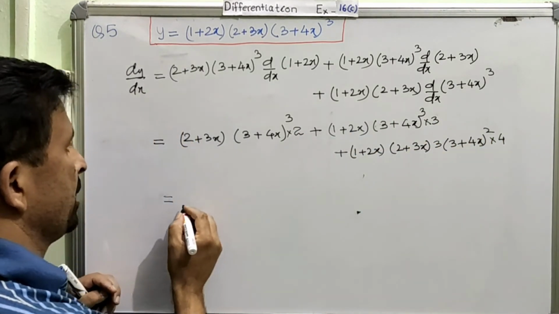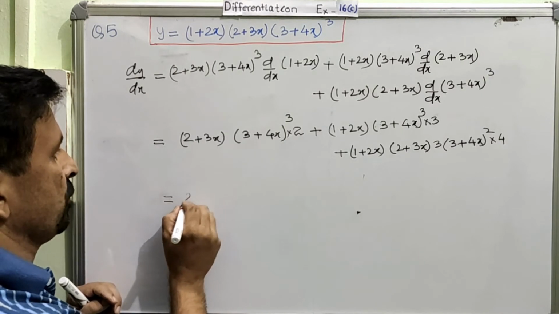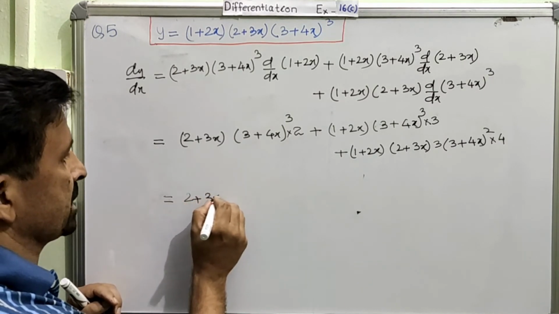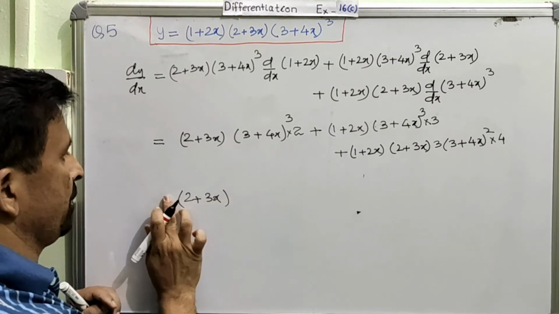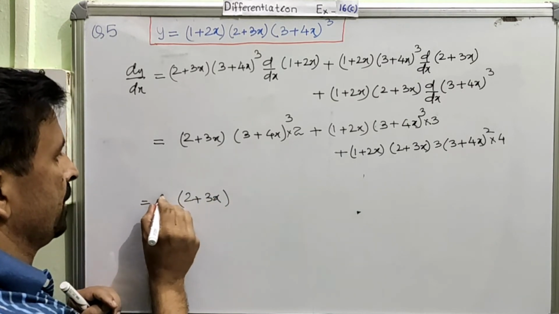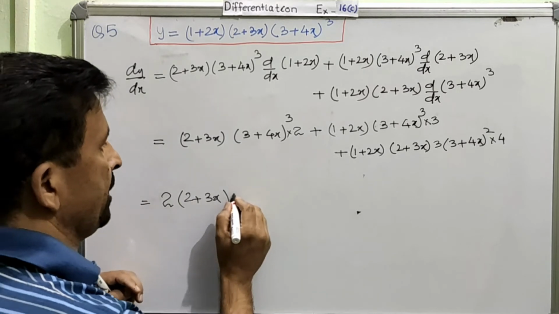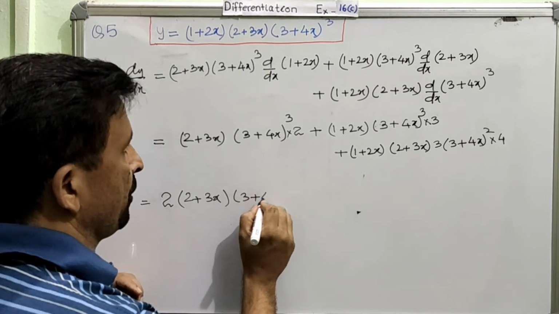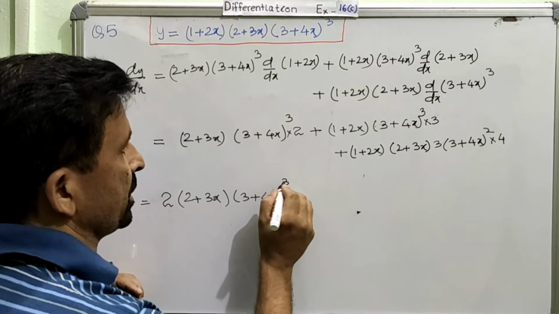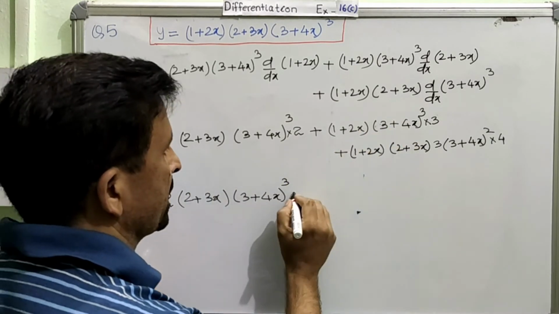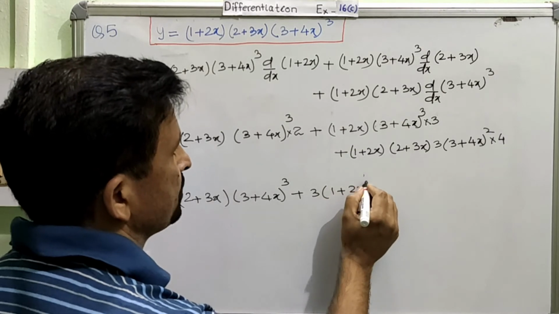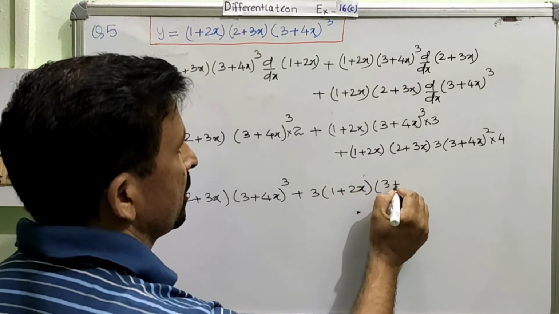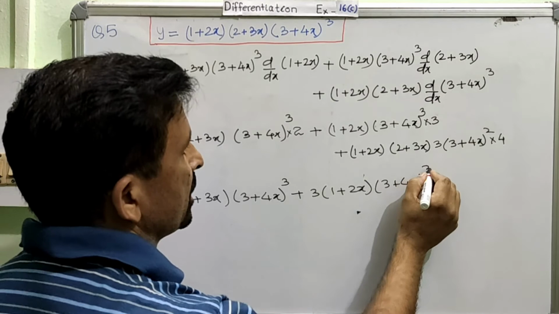So as it is, we can write here the final answer: 2 plus 3x into, okay, this 2 we will write in the beginning, and then 3 plus 4x whole to the power 3. This part is done. Now this part is 3 into 1 plus 2x into 3 plus 4x whole to the power 3.